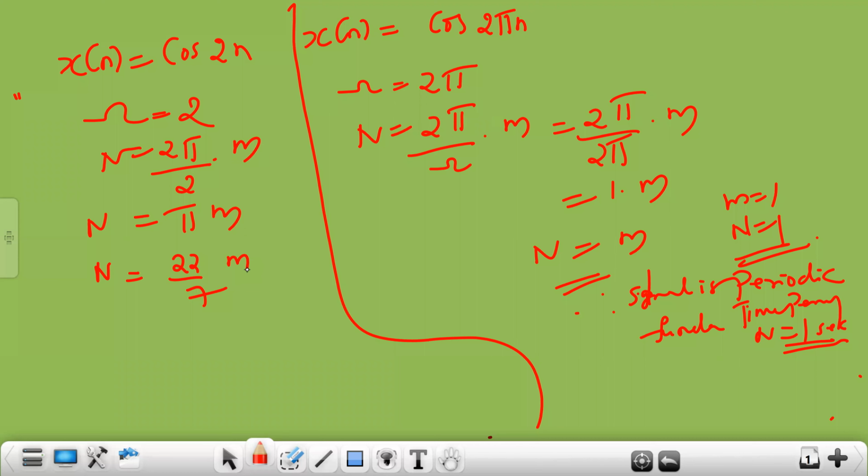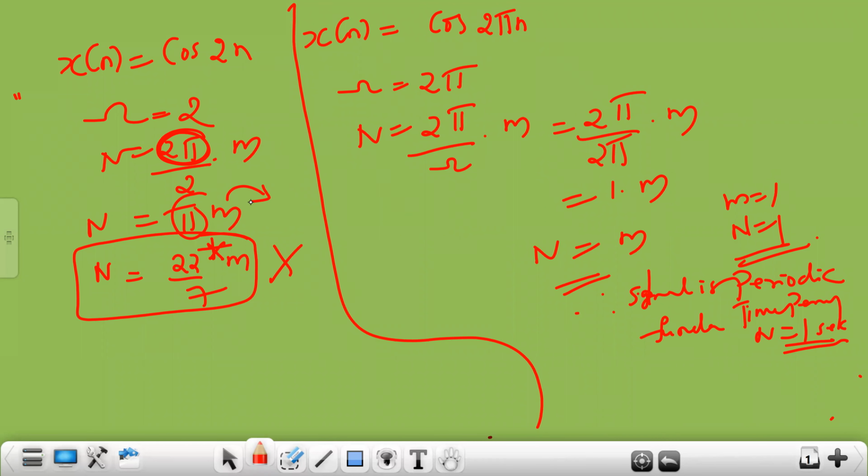Can you say pi is 22 by 7? It is pi radians, isn't it? 2 pi means 2 pi radians. That is 180 degree for pi, so please don't do this. If it is in terms of pi, for any value of m, you will not be able to get n as a positive integer.